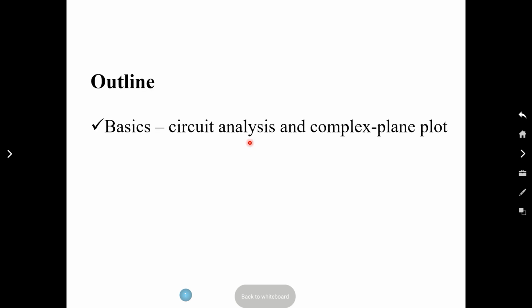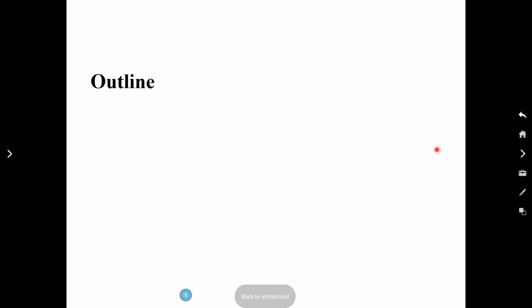It does outline the basics, particularly circuit analysis and the so-called complex plane plots. You'll see that when you're dealing with AC electrical measurement, you're actually dealing with complex quantities that have a real part and an imaginary part. That's why we refer to them as complex plane plots, and you can see the different complex plane plots here.